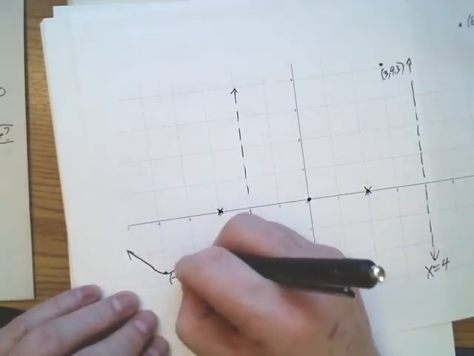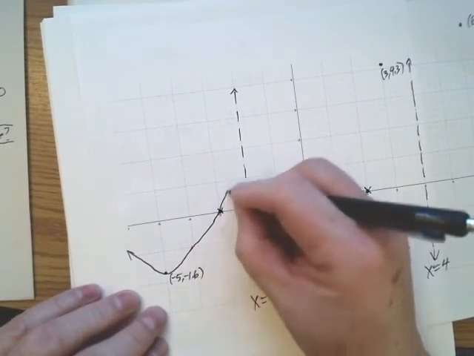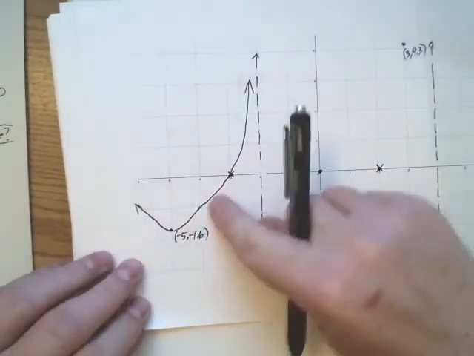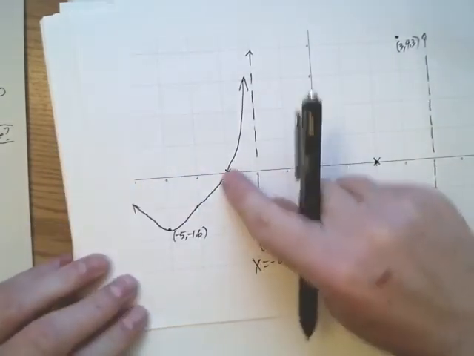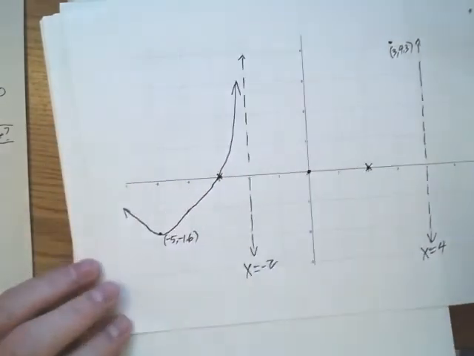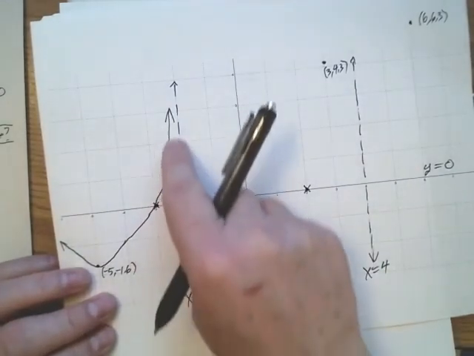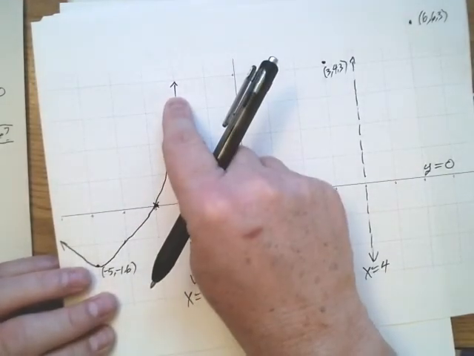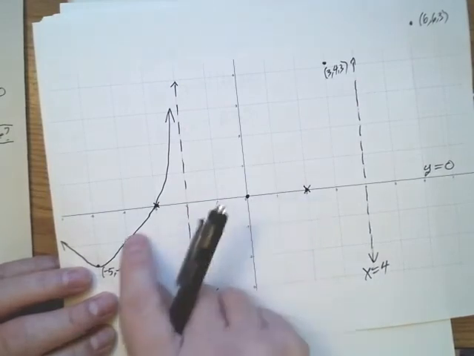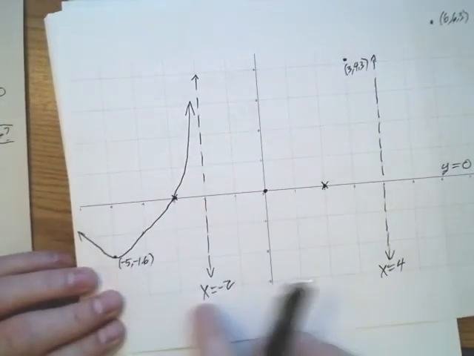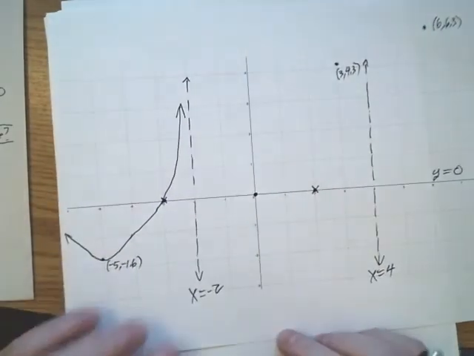Now, it's going to have to come back towards the x-axis. If I keep going out here, remember it's asymptotic to the x-axis here. But what? It explodes, it skyrockets as I get close to negative 2. It's got to be doing that, right? Okay, to go through these points and cross there and have these as asymptotes here.